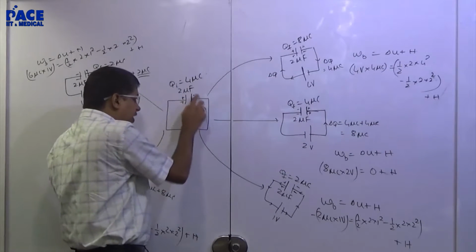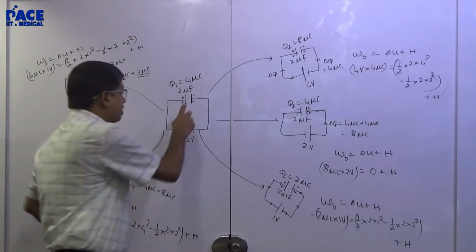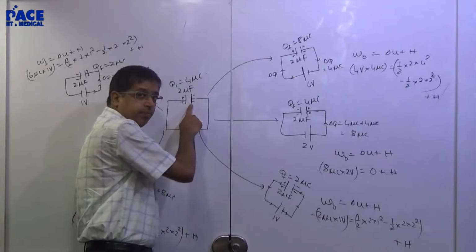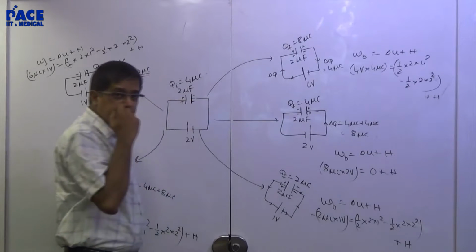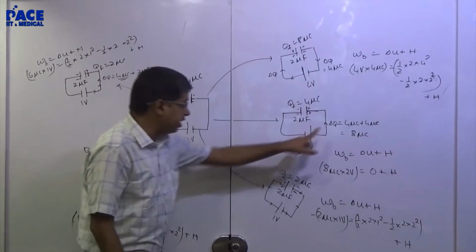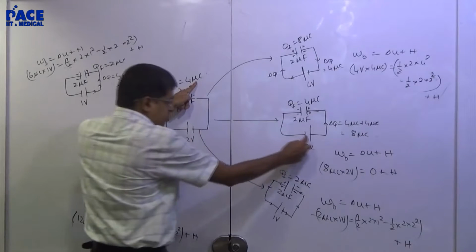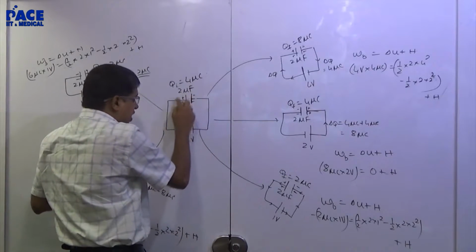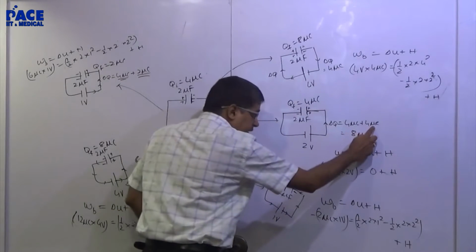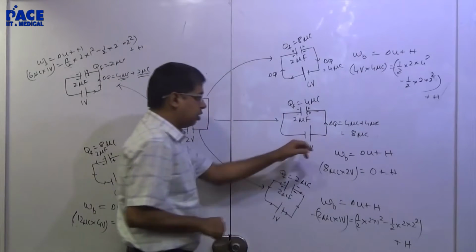That means the already existing charge must be nullified. If already existing charge is nullified, implies first of all 4 microcoulombs of positive charge should be sent to nullify this charge. Then 4 microcoulombs should be pushed to recharge it to 4 microcoulombs.